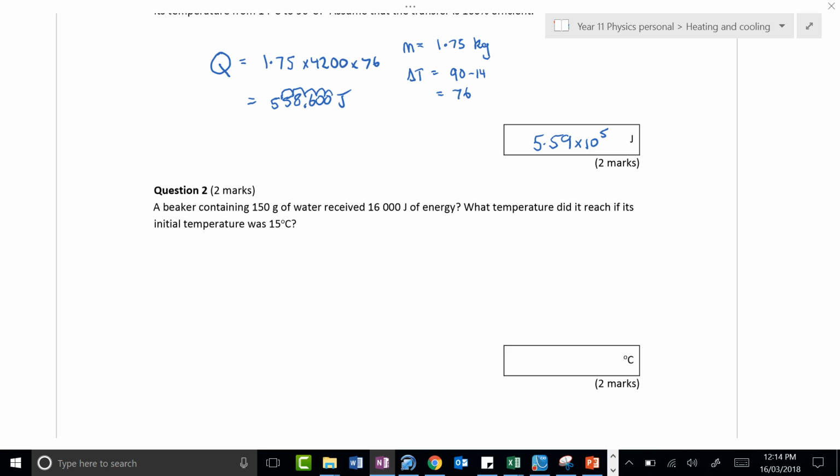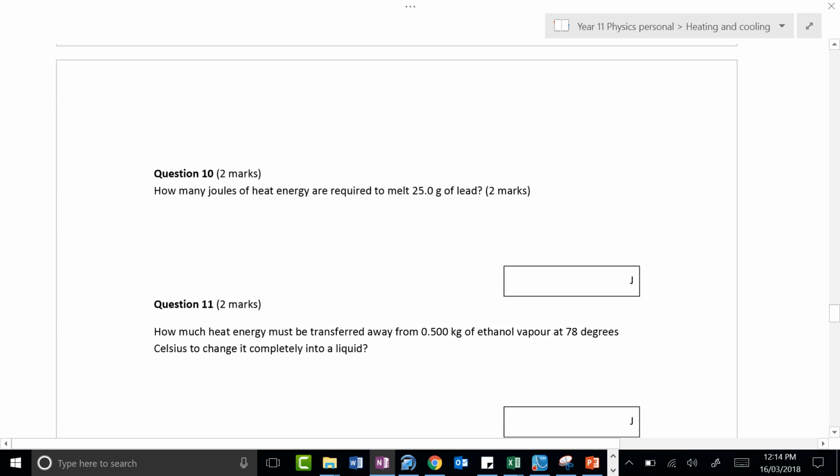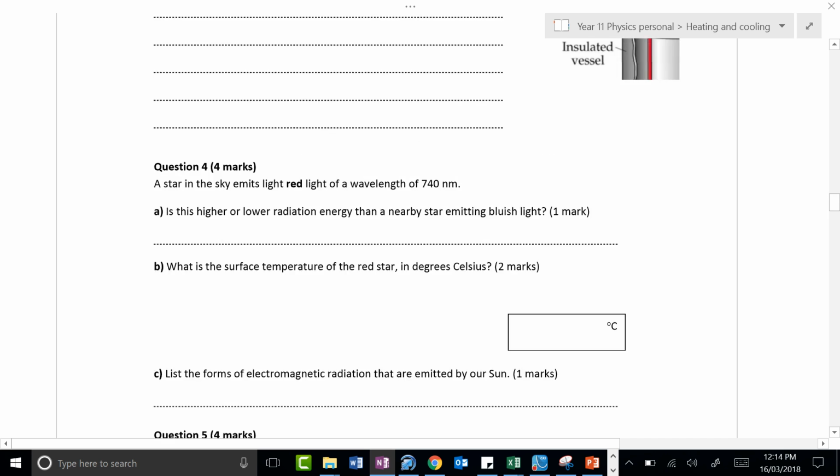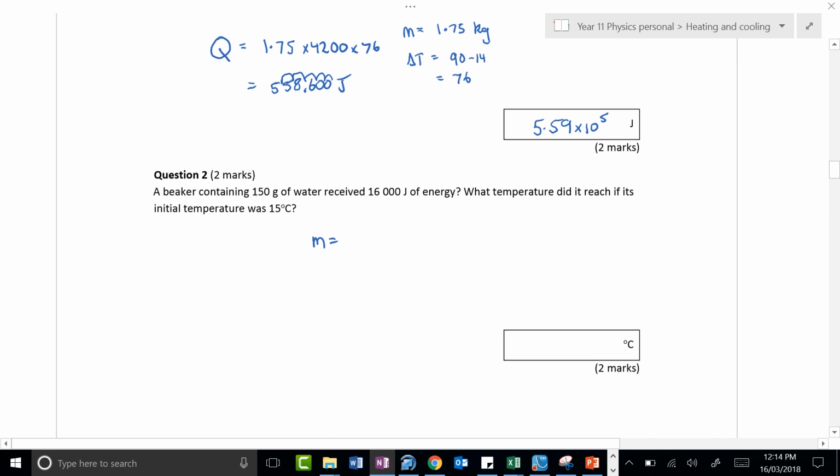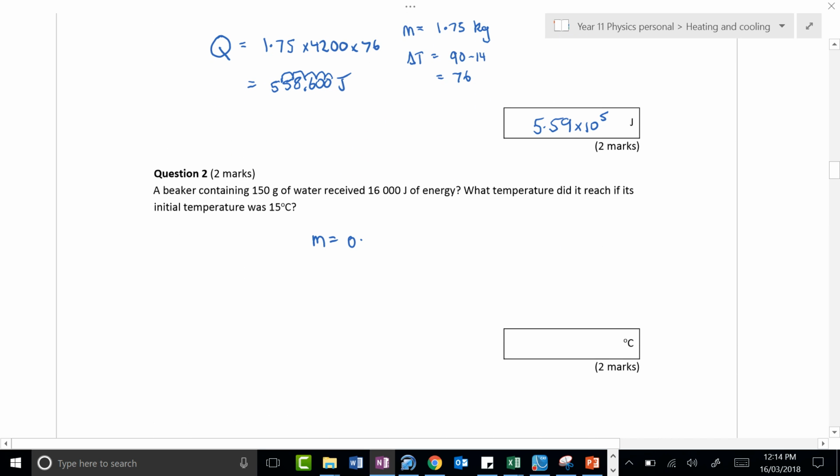Similar, we've got water again. This time our mass is 150 grams, which is 0.15 kilograms. And it received 16,000 joules of energy, so 16,000 is Q. What temperature must it reach if its initial temperature was 15 degrees?